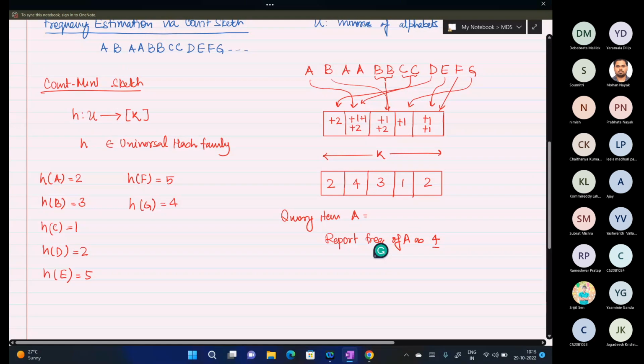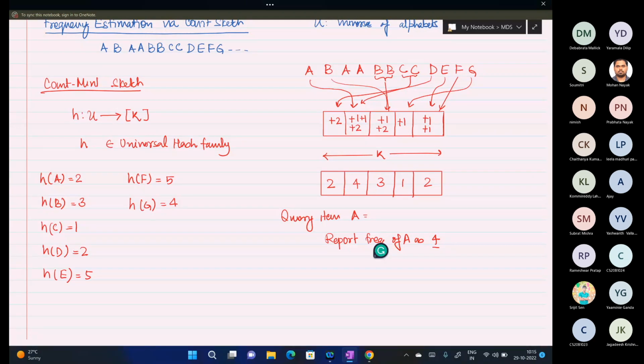One limitation of the count min sketch algorithm is that it gives an overestimation. Whatever the actual frequency of A is, the frequency estimated by count min sketch is greater than or equal to the actual one. The reason is that some other elements may map to the same bucket as the query item, so their counts also get added to the frequency of the query item.